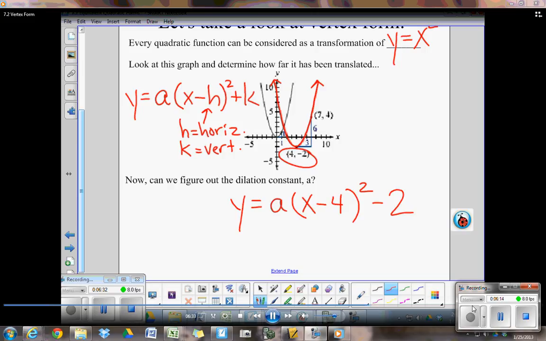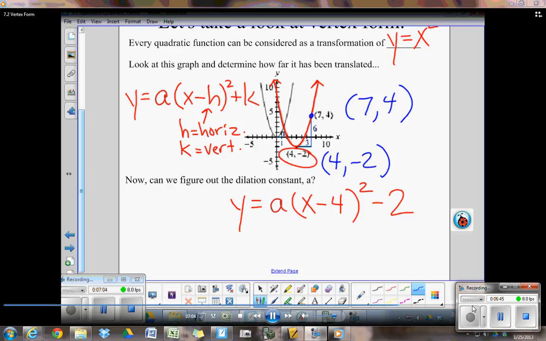Now, normally, you want to think about how a parabola behaves. For example, on the normal parabola, as you move from the vertex right 1, you would go up 1. From the vertex, if you go right 2, you would go up 4, because 2 squared is 4. And if you go right 3, you would go up 9, because 3 squared is 9. In this parabola, they give you 2 key points, (4, -2) and (7, 4).